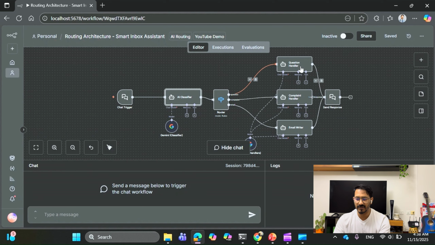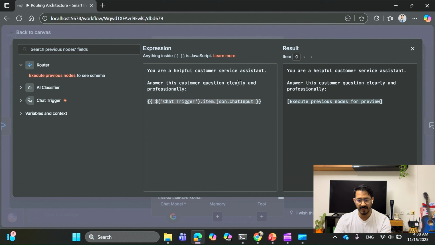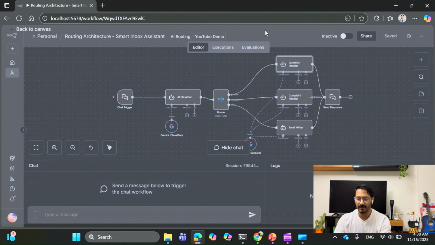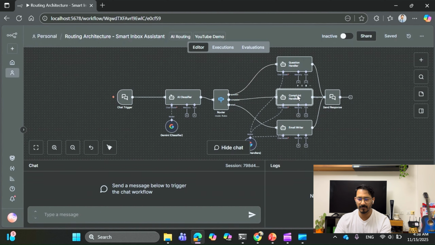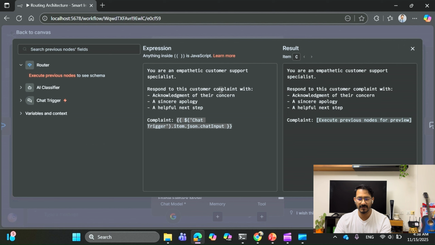Now we have a question handler, where it says you are a helpful customer service assistant, answer the customer question clearly and professionally. Okay, so that's the specialist LLM that I have put over there. Then there is a complaint handler, which says you are an empathetic customer support specialist, respond to this customer complaint with acknowledgement of the concern, a sincere apology, and helpful next steps.